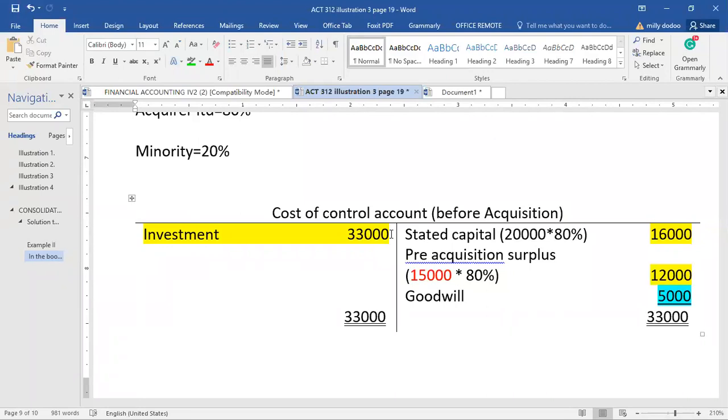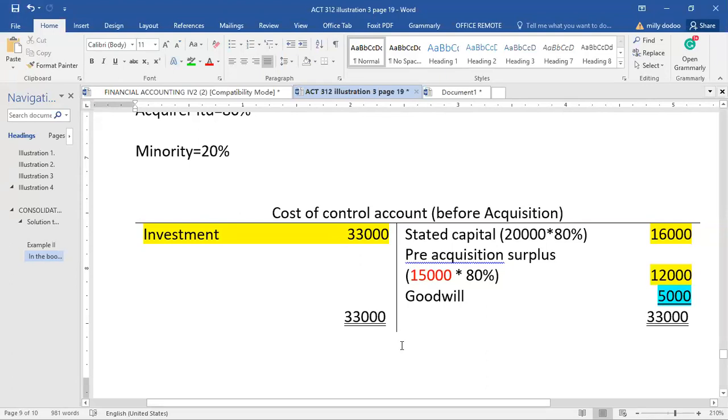So goodwill on consolidation is 5,000, and we are assuming that we are writing it off fully on the face of the account. This is how you prepare your cost of control account.